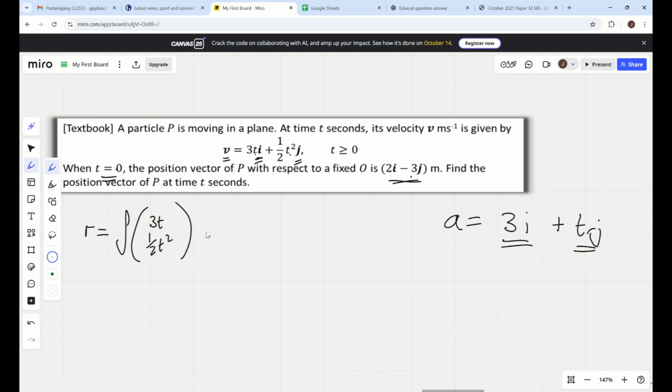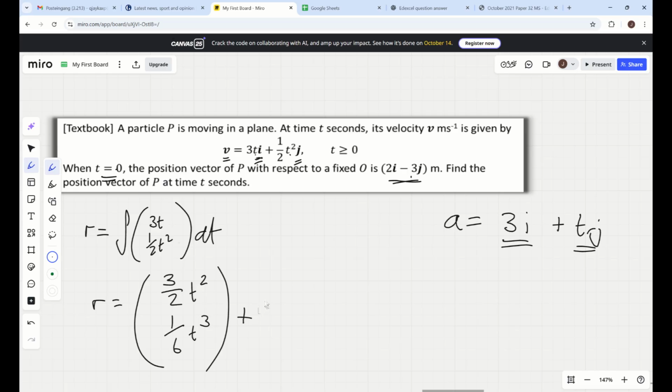Okay, so when I integrate that one there, I get 3 over 2 t squared, and then the other one is a 6th t cubed. So this is a general expression for the displacement.